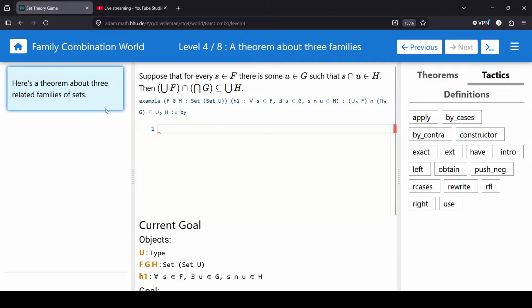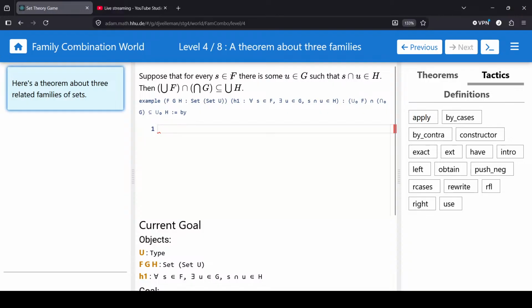All right. So here's a theorem about three related families of sets. Suppose that for every S in F, there is some U in G, such that S intersect U is in H. Okay, so we have three families.